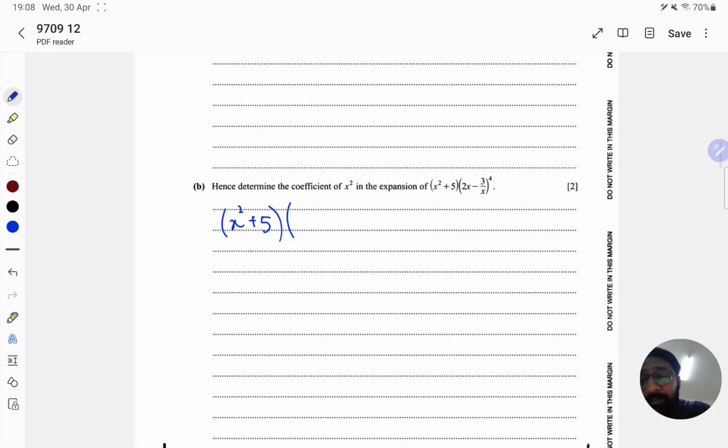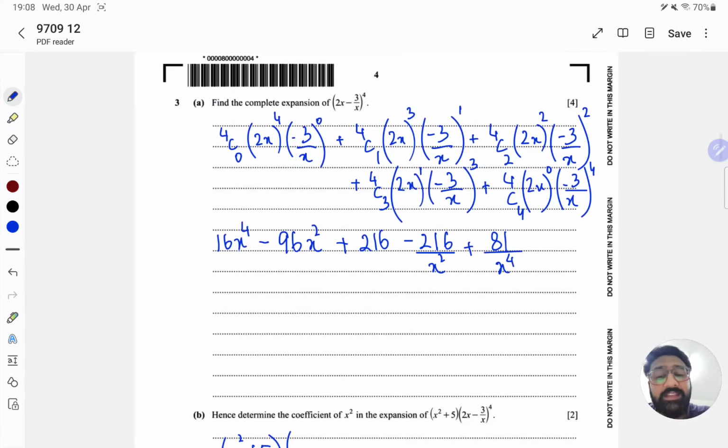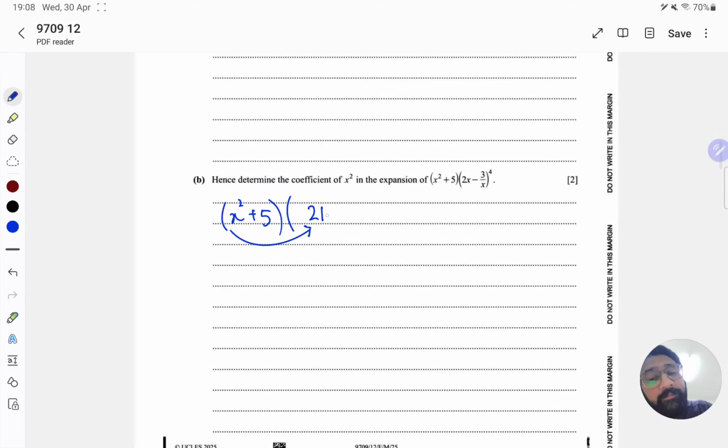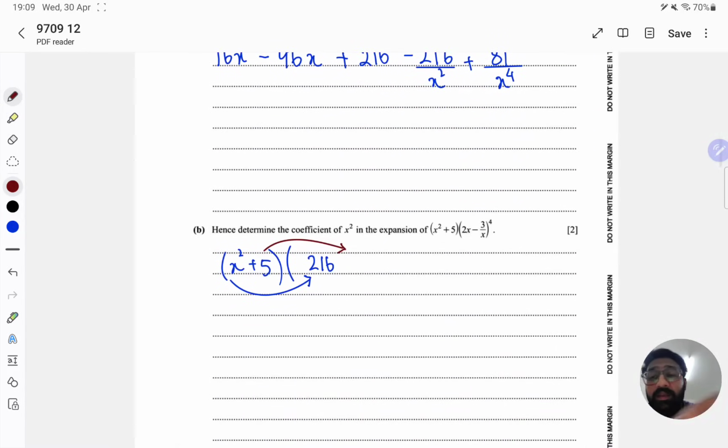This x squared term will multiply with a simple constant number which does not have any x variable, so that it can give us an x squared term. There is only one such term, which is 216, and for the next one, 5, a simple constant, I have to multiply with the x squared term so that I can have an x squared term. So it is minus 96x squared, the second one.